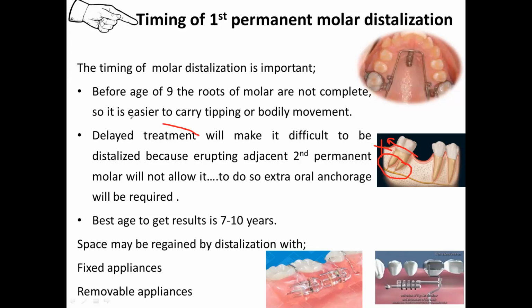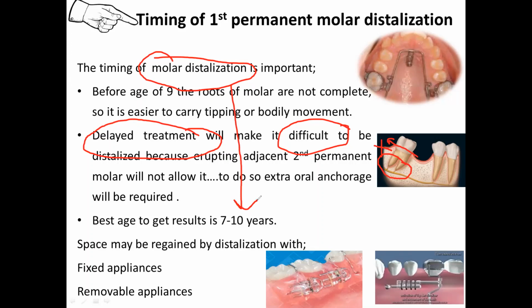Delayed treatment will not give you proper results and it will be rather difficult to carry out. That's why for molar distalization, the perfect age is 7 to 10 years.